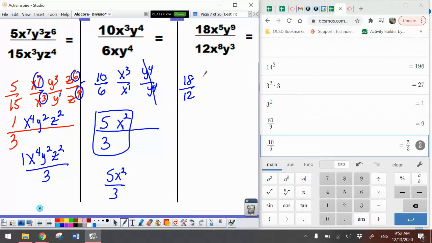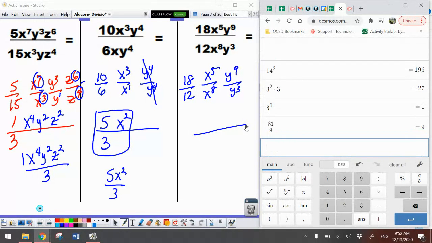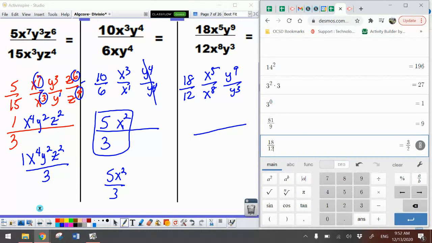All right, let's take a look at this one because it's got numbers that are bigger on the bottom. Okay, 18 divided by 12. Whoops, clear that. 18 divided by 12. And fraction key is 3 over 2. So the 3's on the top, the 2's on the bottom. And my x's.